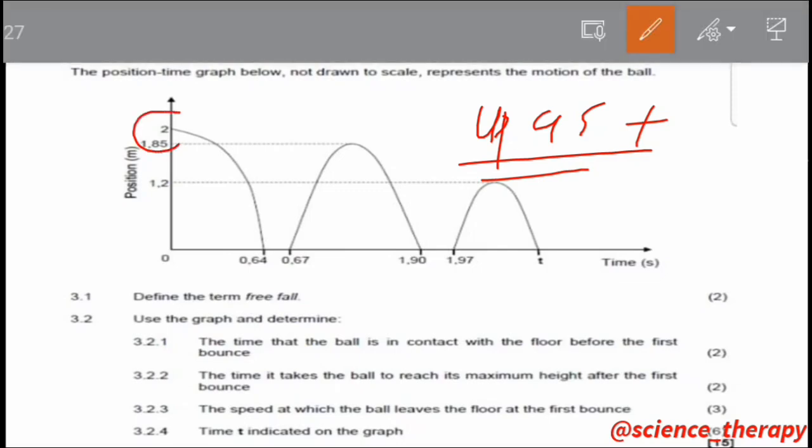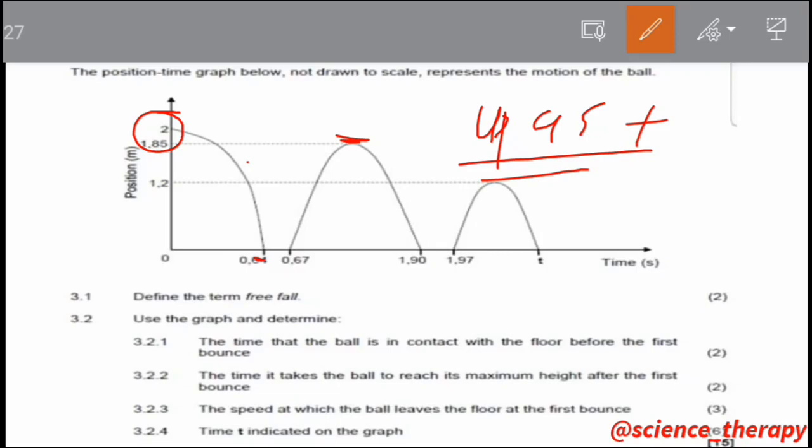We can see that at a height of 2 meters above the ground, the ball was dropped, right? And then when it is dropped, it goes all the way down and hits the floor, right? But because this is an inelastic collision, it is in contact with the ground for a while before it bounces off to a new maximum height, which is lower than the one it was dropped from.